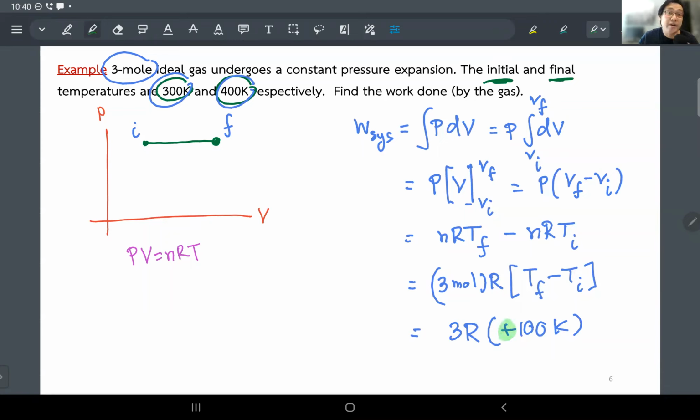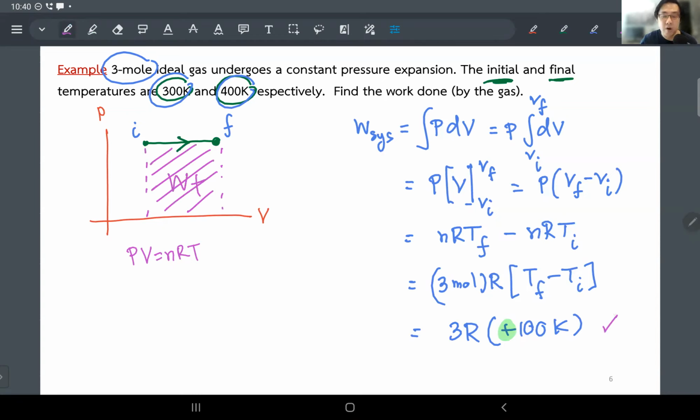The temperature is higher, the change is positive, so the work done is also positive. And that is the area under the curve that we are talking about right here. And everyone expects positive work because, of course, it's going from a small to a bigger volume. Positive work done. Okay, cool.